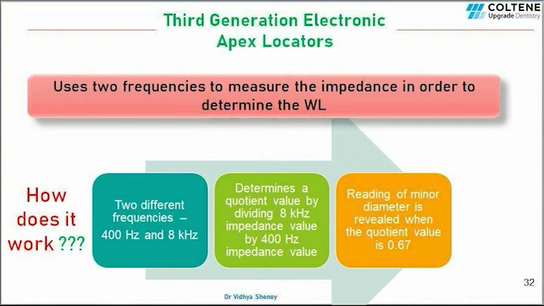When the quotient value obtained was 0.67, it was considered to be the location of apical constriction. So compared to the previous generation of apex locators, this was found to be better in terms of accuracy and reliability. Root ZX is an example of third generation apex locators.